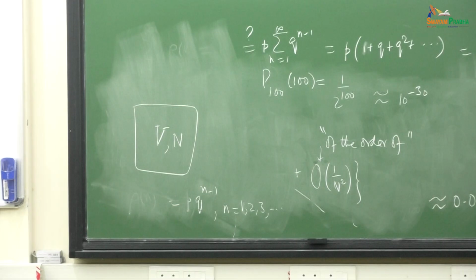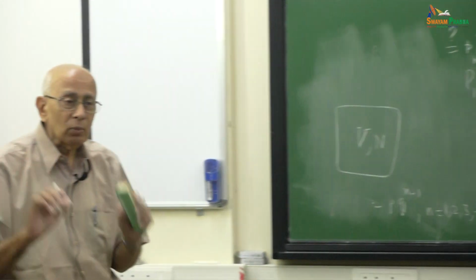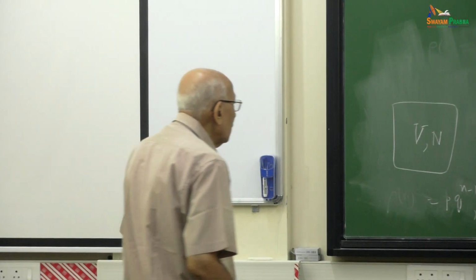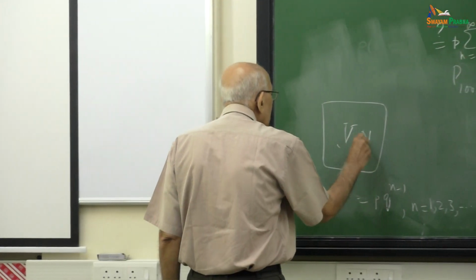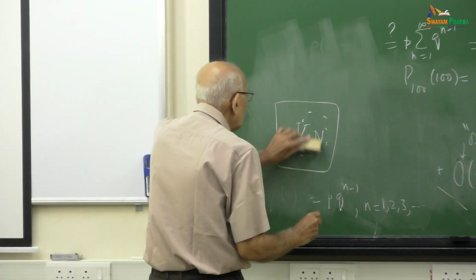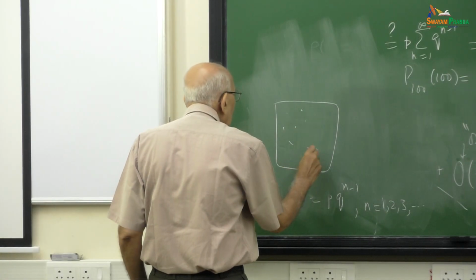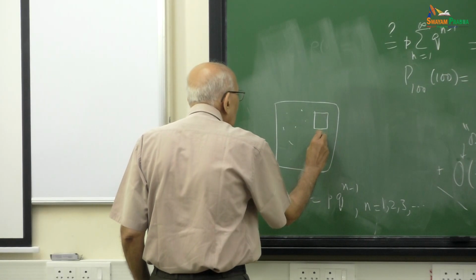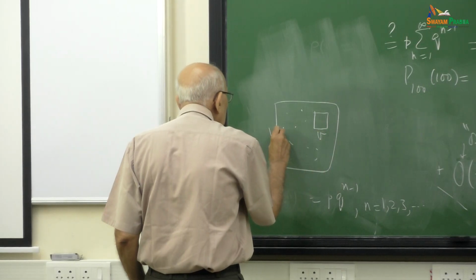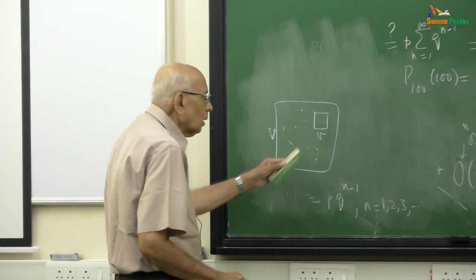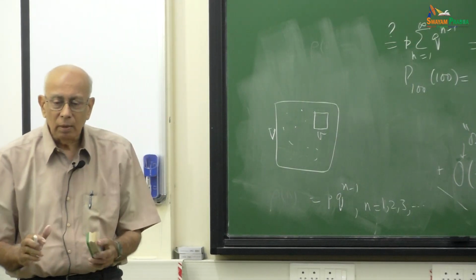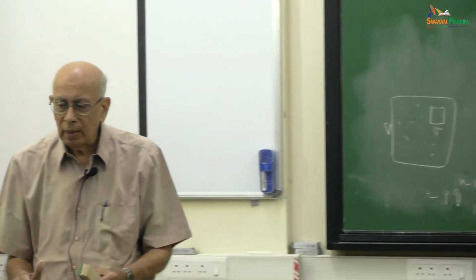I take a snapshot and freeze all the molecules, look at it at one particular instant of time, and they're spread out all over the place at random. And I have a little box here of volume little v. The capital V is the total volume, and I have a box here, a sub-volume little v, a little 1 cubic meter box in one corner of the room.